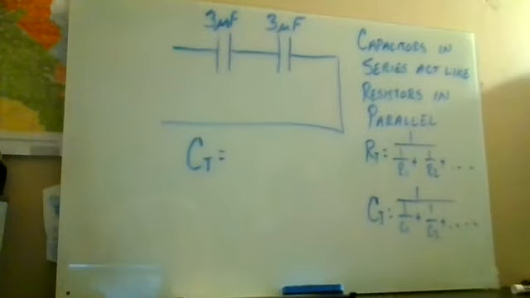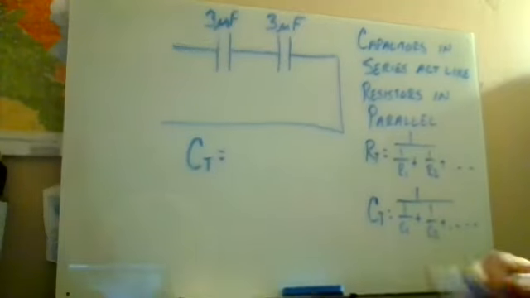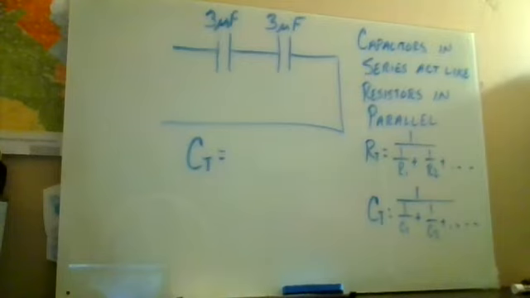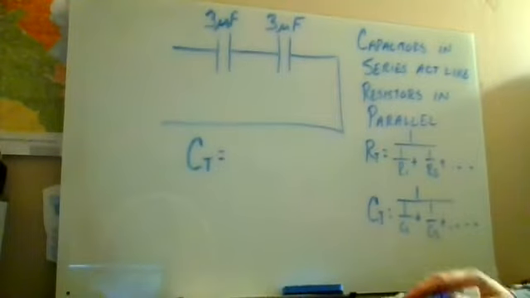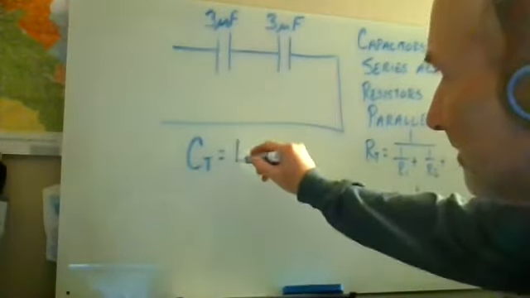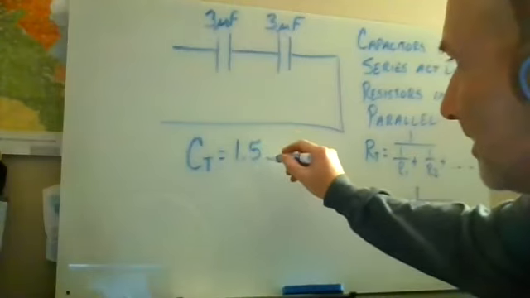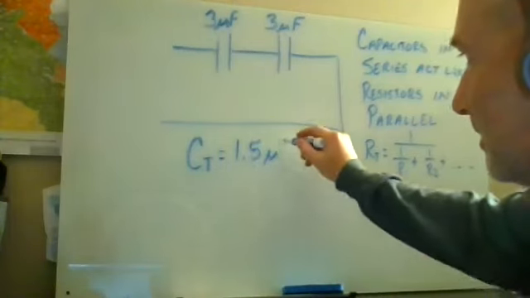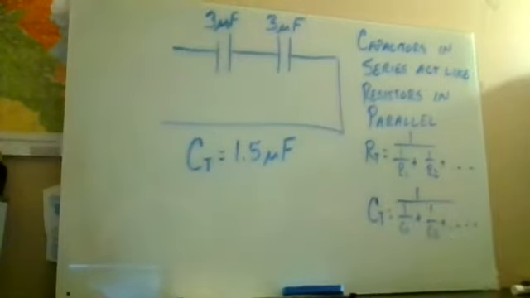Anybody get it? 1.5 e to the negative 6. That's micro farads, negative 6 is micro, and I'm just doing capacitors. So it'll be 1.5 microfarad.